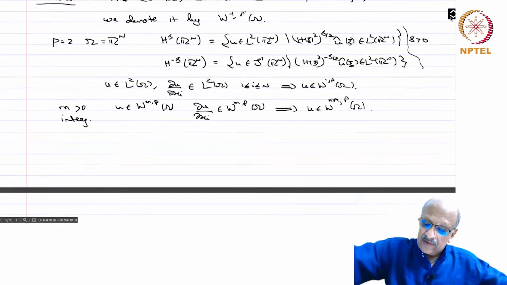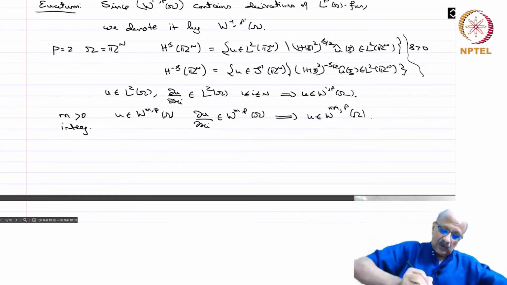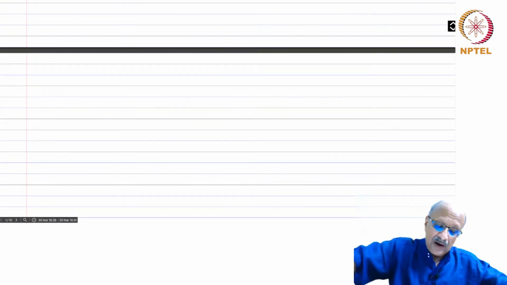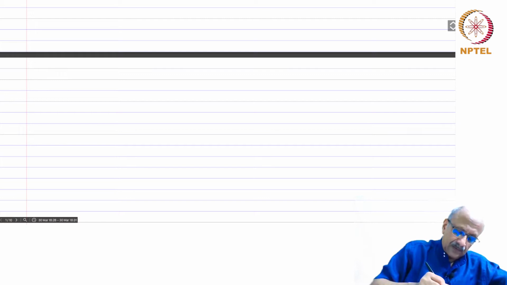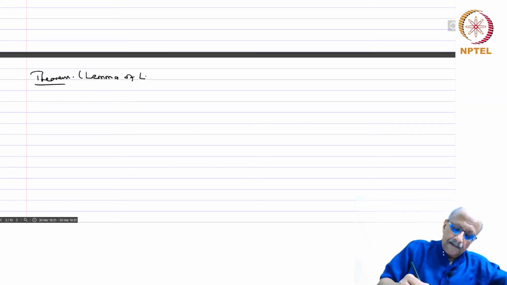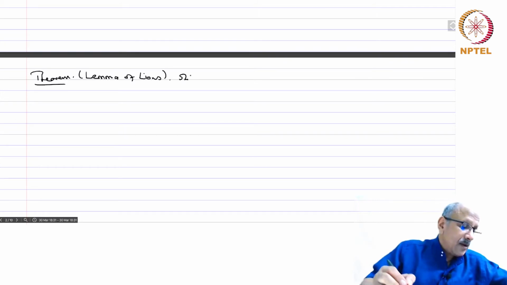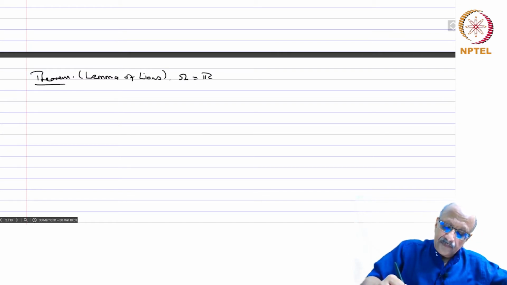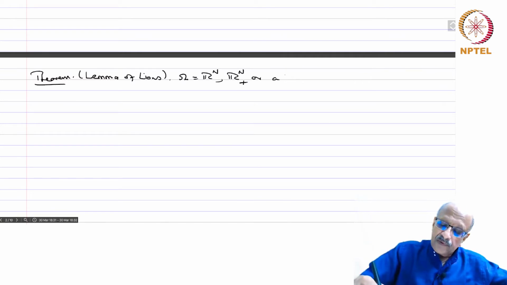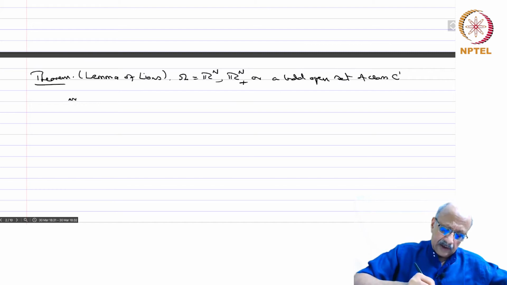So now we want to extend this to the case of negative indices also, and so we have a very nice lemma. So this is a theorem, and it goes by the name sometimes of the lemma of Lions. Let Ω equal R^n, R^n_+, or a bounded open set of class C1 in R^n.